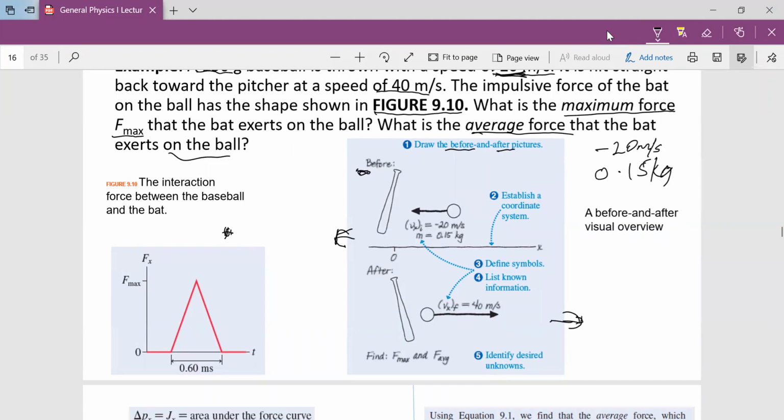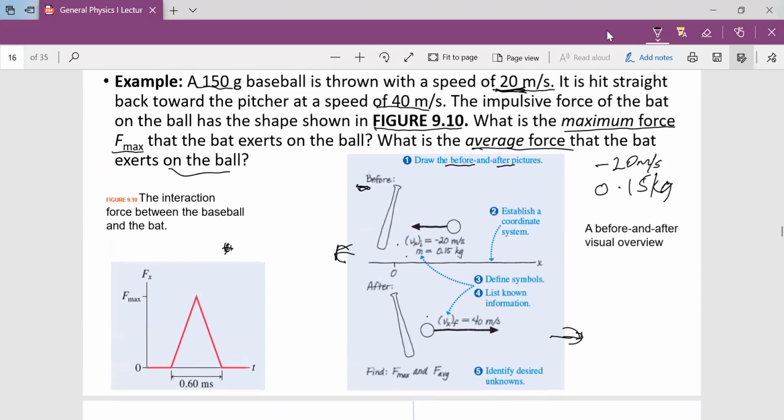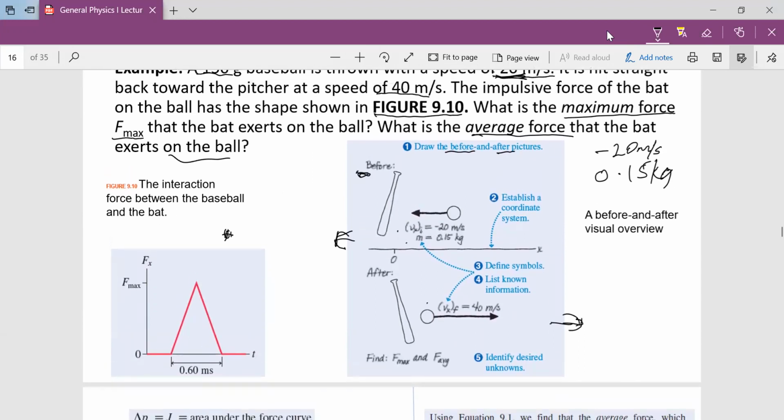So our initial velocity is minus 20 and our final is 40, all right? So we have given the symbols. Then we list the information. That is what we have done, bringing out the mass, initial velocity, and final velocity. These are the information given in the question. And then we identified the unknowns, which is to find the F max and F average.